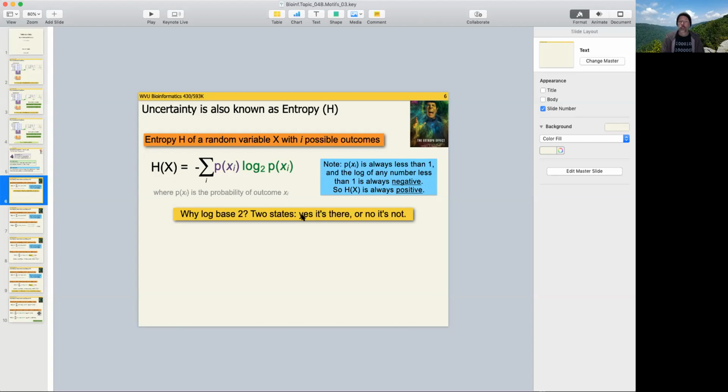So there are 2 states at every choice, yes or no, and so we use log base 2. That really just determines what units we use to describe entropy. If we wanted to use a log base 10, we certainly could, as long as we were consistent, and it would just determine different units at the end. So don't get too caught up in why we're using log base 2 here.